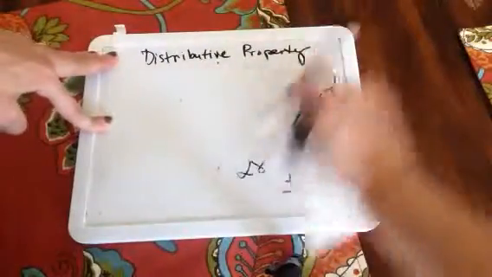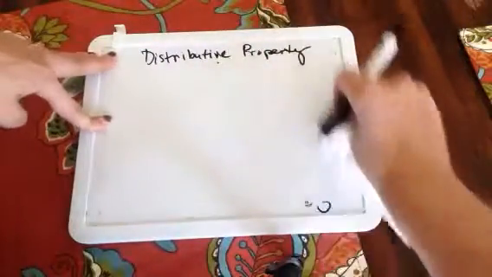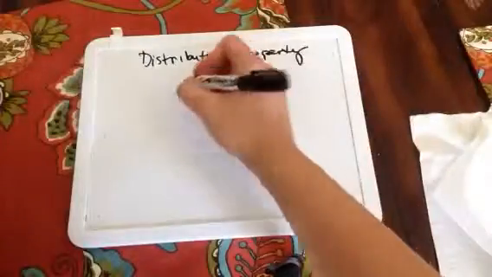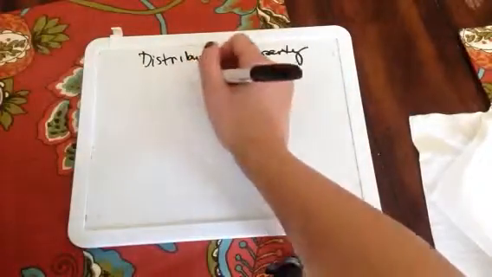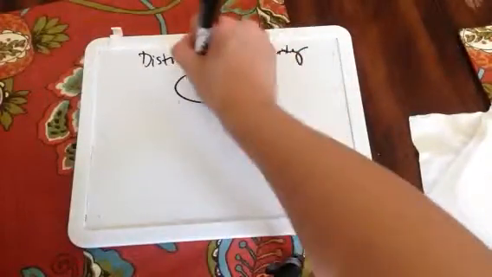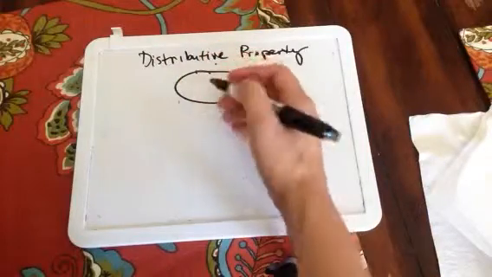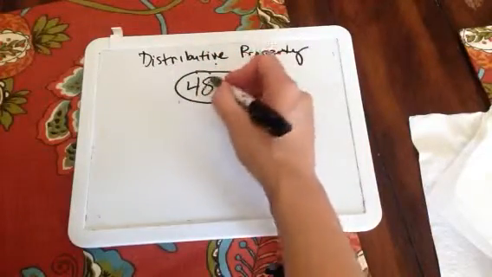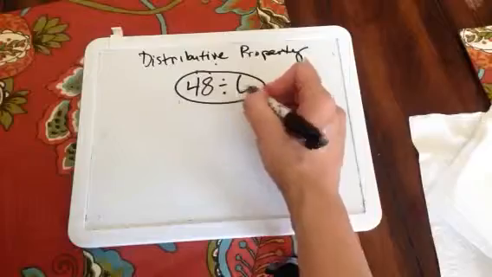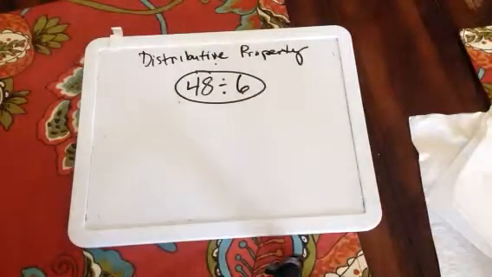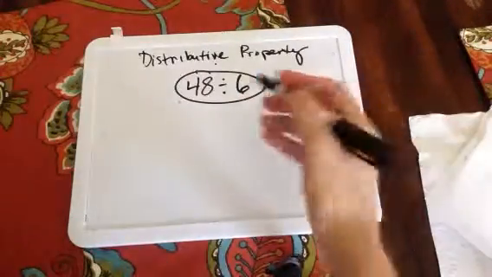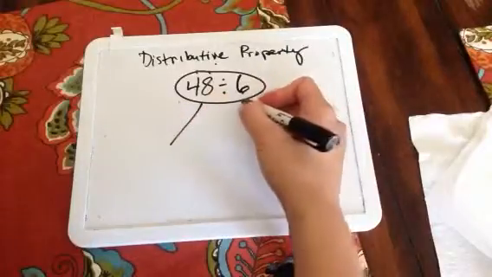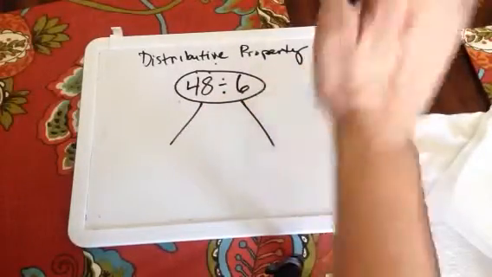Sometimes they show you a bigger equation using division. So let's do 48 divided by 6. Now, your divisor is always going to stay the same, okay? So we're going to assume right now that this is our size, right?